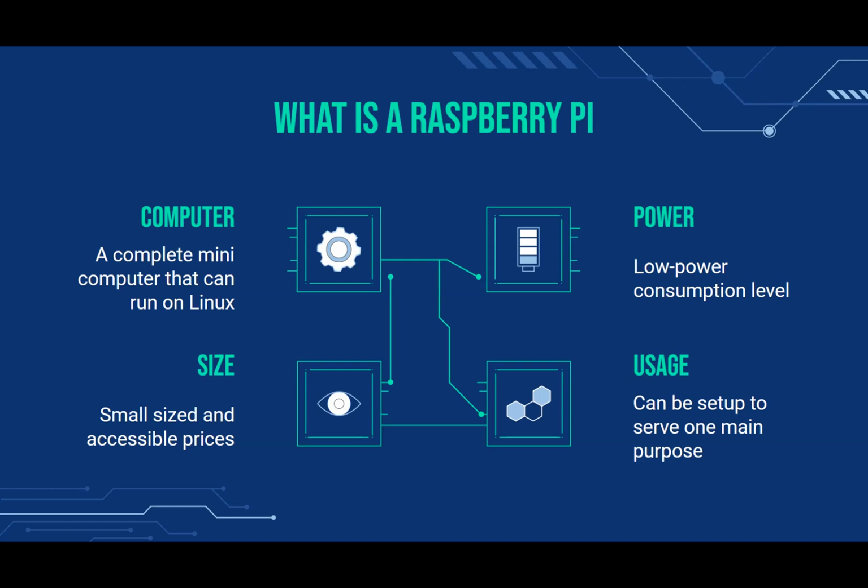In this case, we have a little Raspberry Pi and its purpose is to serve as a VPN. It's cheaper and smarter than building an entire PC just to run a VPN for your home network. That wouldn't be very smart, so you just buy a Raspberry Pi instead.